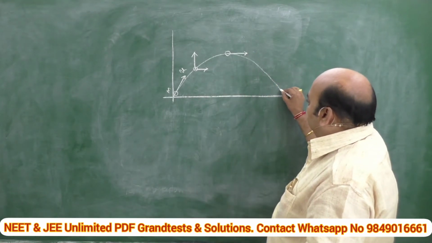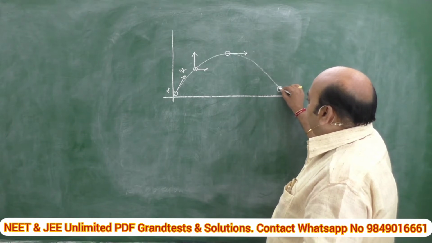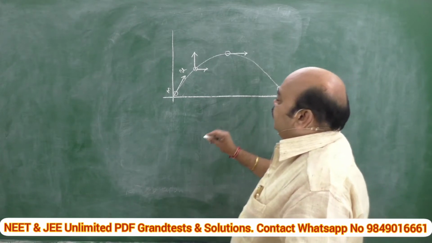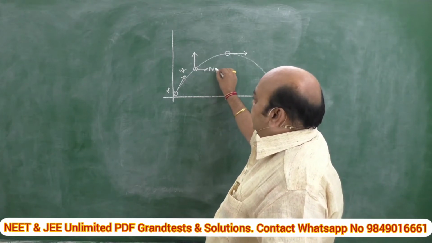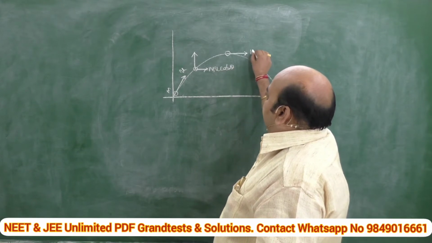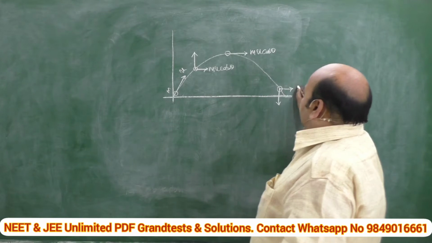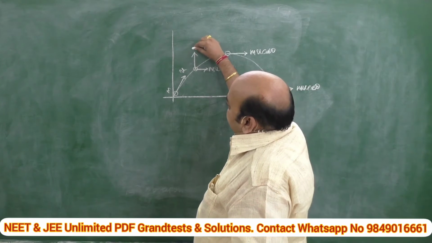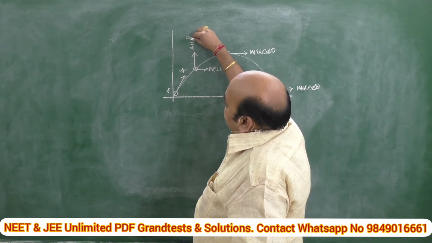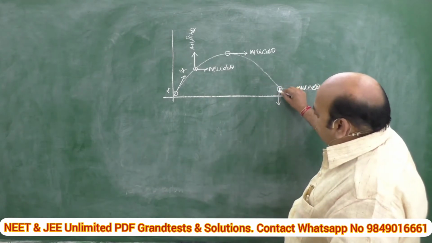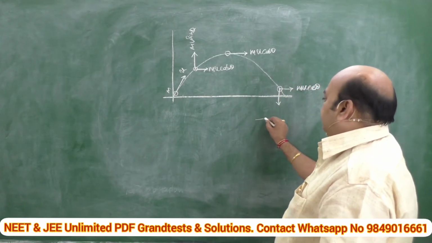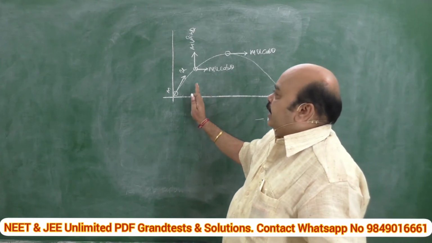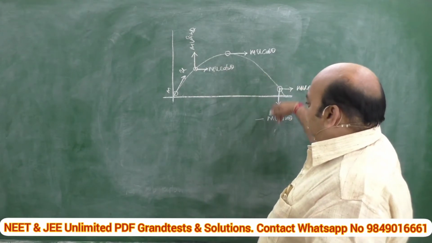Coming to the final point, it has a horizontal velocity as well as a vertical component of velocity. If you take this one as mu cos theta, here it is mu cos theta, and once again here also it is mu cos theta. For the upward motion, if you consider this as mu sin theta, here it is in the opposite direction, minus mu sin theta, because one is moving against gravitation and one is moving towards gravitation.